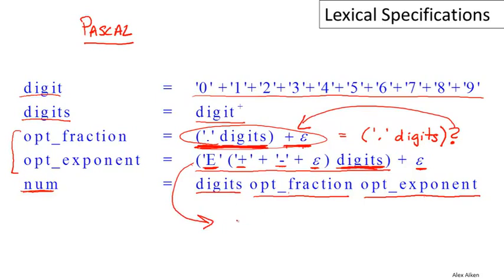So let's just write out what that would look like. So we would have the exponent begins with e, and then we have a sign, which is either plus or minus. And that's optional, so we put a question mark after it, followed by a non-empty string of digits, and then this whole thing is optional. The whole exponent is optional. So this is an alternative and more compact way to write this expression.